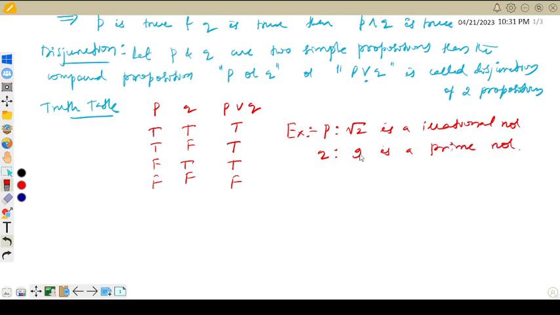I told you already, students, a proposition is a mathematical statement which may be true or false. Now, this implies that P is true and Q is false. Therefore, P or Q is true. This is the disjunction of two statements.